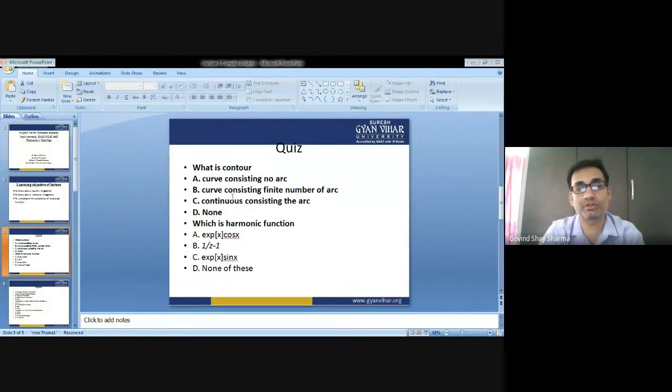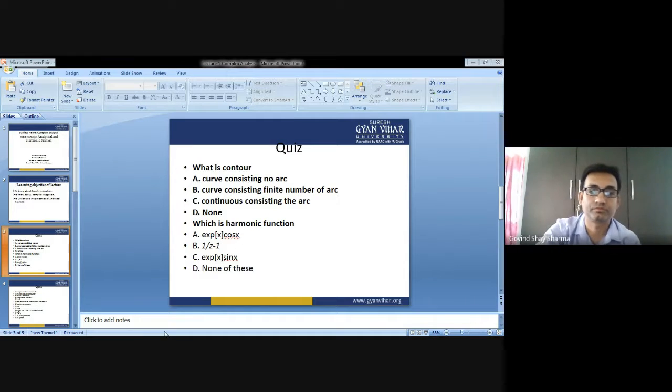So e to the power x cos y and e to the power x sin y are harmonic functions. A harmonic function satisfies the Laplace equation: del square u upon del x square plus del square u upon del y square is equal to 0.